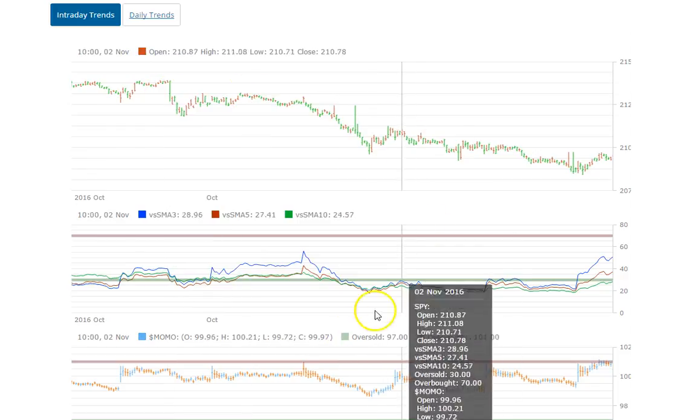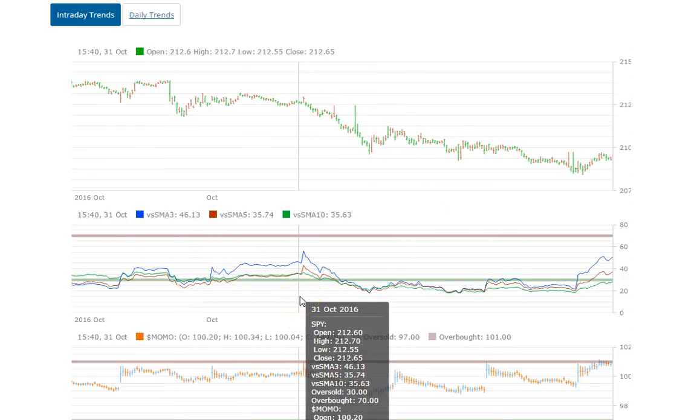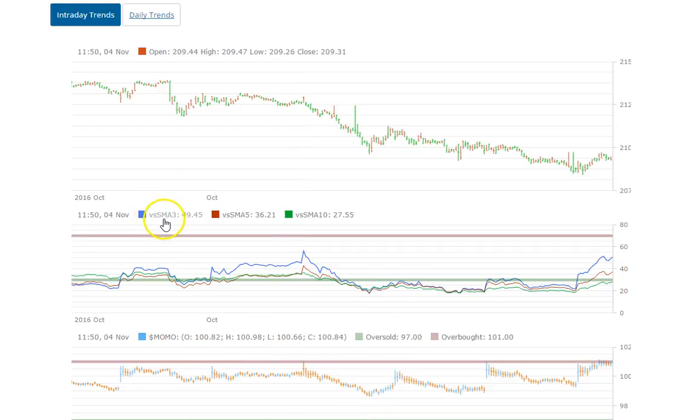And down here, this is where the trends really come into play. So these lines down here are versus the SMA 3, versus the SMA 5 and versus the SMA 10.